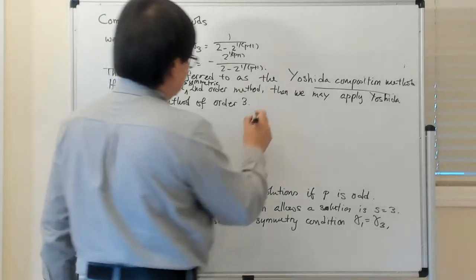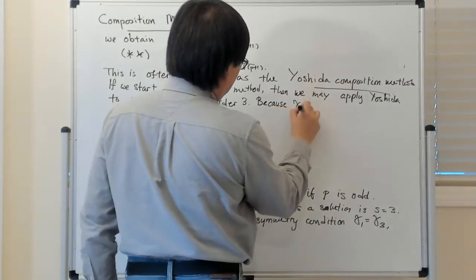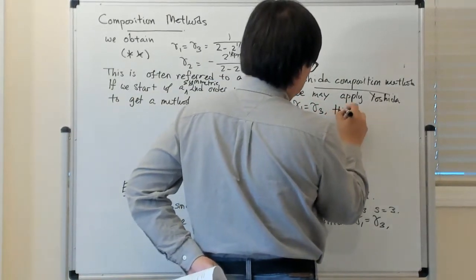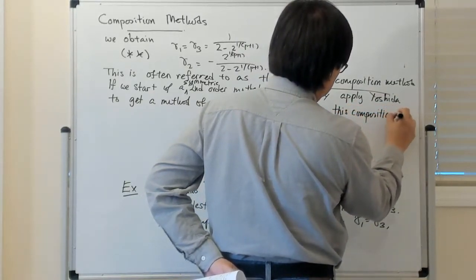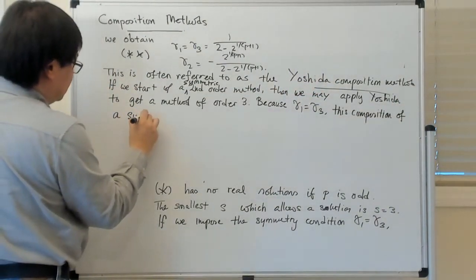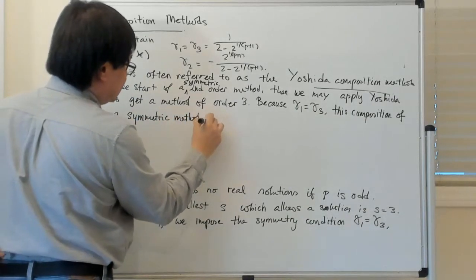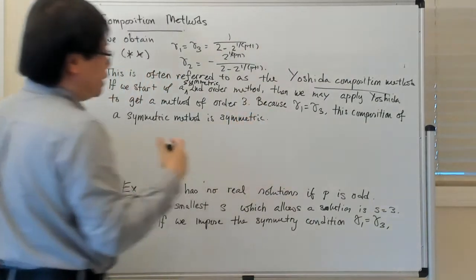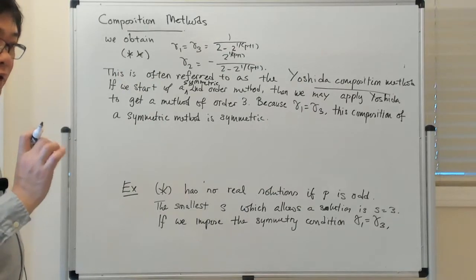So because gamma 1 is equal to gamma 3, this composition of a symmetric method is symmetric. And now we know that if you have a symmetric method, the order of accuracy has to be even.